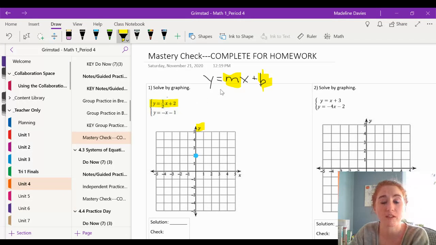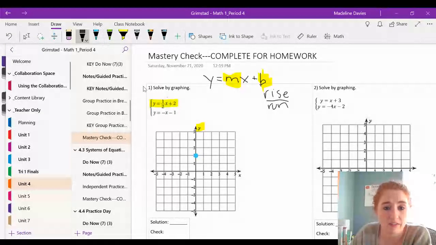Remember that slope is also rise over run, which means in this case my rise is 1 because that's on top, and my run is 2 because that's on the bottom.